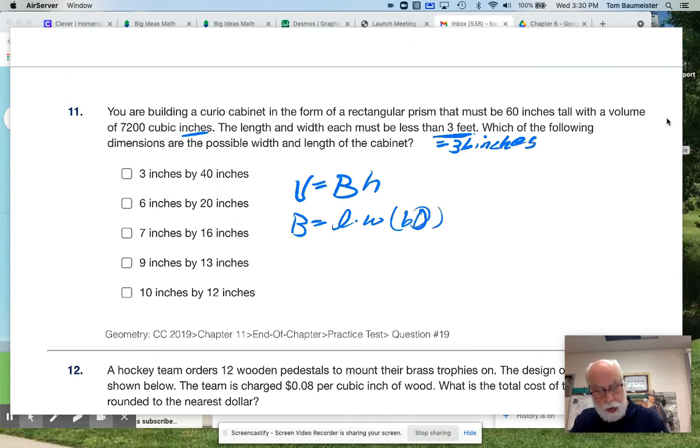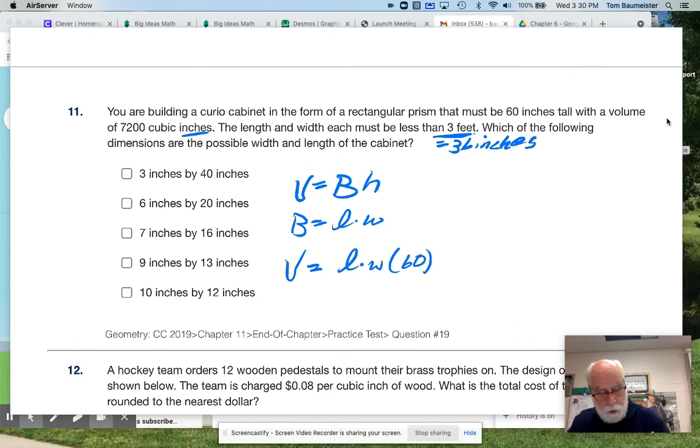So we know then that our volume is equal to our base, which is L times W, times our height, which is 60.